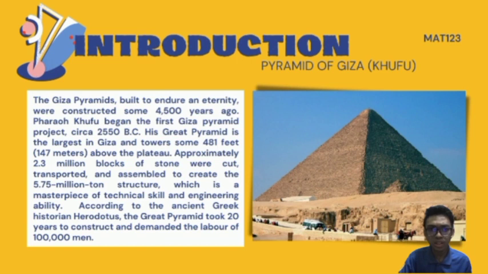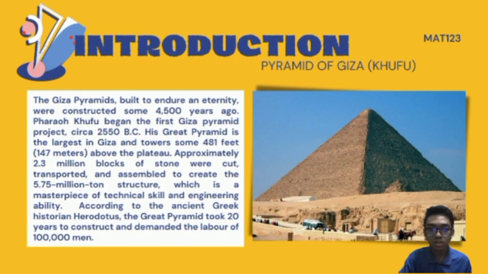His Great Pyramid is the largest in Giza and towers some 481 feet, which is 147 meters, above the plateau. Approximately 2.3 million blocks of stone were cut, transported and assembled to create the 5.75 million ton structure, which is a masterpiece of technical skill and engineering ability.